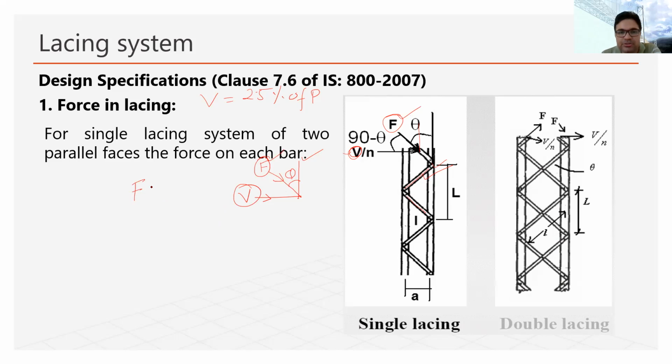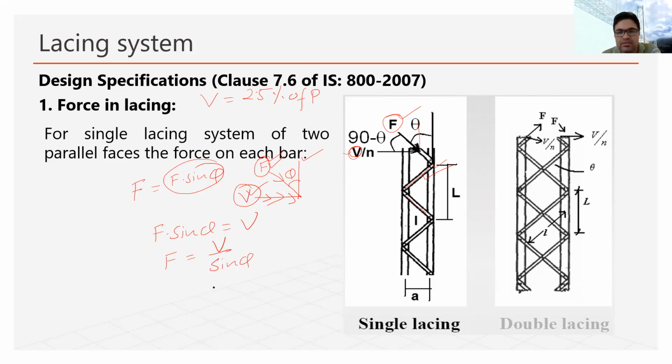So if this is the F, its horizontal component will be F sine theta, while the value of this component is already given, which is V. So if I equate F sine theta with the V value, then we can easily find out F as V upon sine theta.